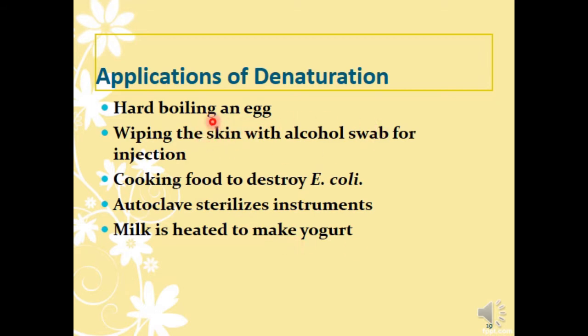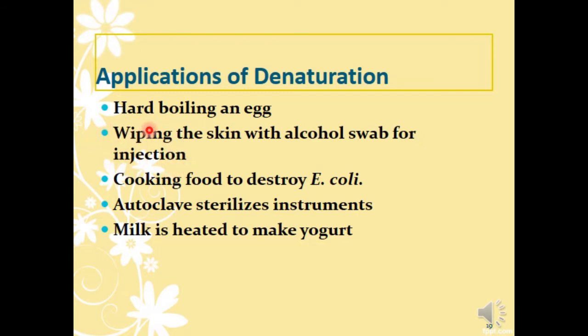Before you get an injection, the skin is swabbed with alcohol because you want to ensure that there's no bacteria present, which will affect the injection process. Bacteria mostly are made of protein, so when an alcohol swab is applied, it will denature the bacteria itself, so it will ensure there's no bacterial infection.